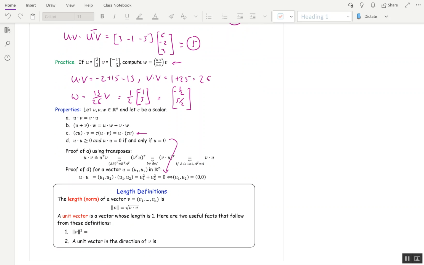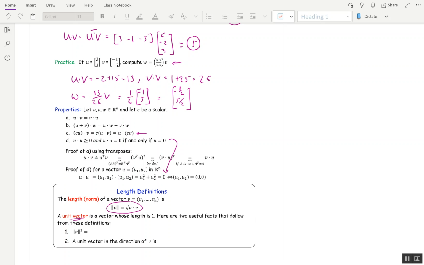All right, so some important definitions. The length, or sometimes it's called the norm of a vector, is the square root of v dot v. Sometimes it's nice to write that in a different way. Let me get to this definition first. A unit vector is a vector whose length is 1.